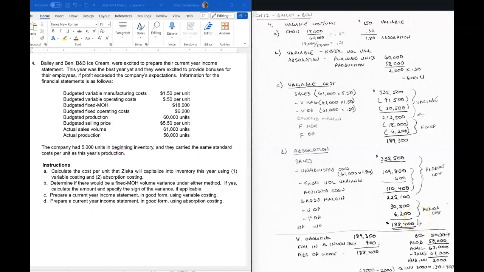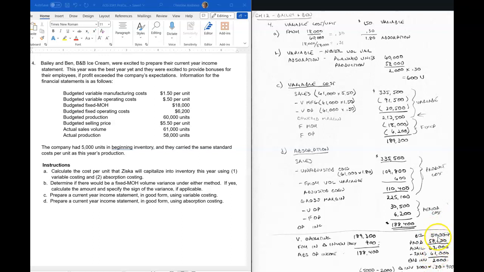Now what we want to do is reconcile the two. My variable operating income was $189,300 from here. Now we've got a change in inventory of 3,000 units. We started the period with 5,000 units, and we end up with 2,000 units, from this calculation.